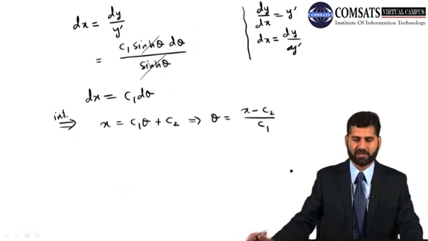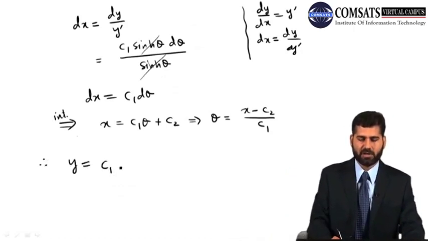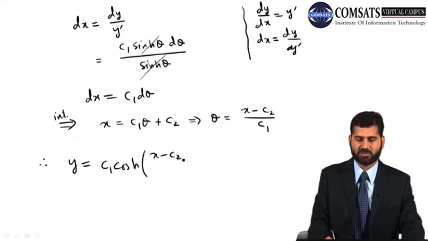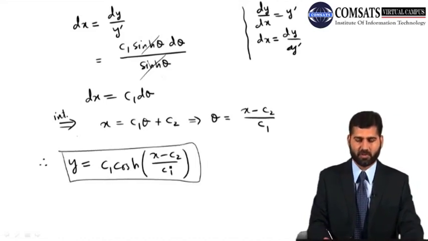Therefore y is equal to c1 cosh of (x minus c2) by c1. So you get just one equation instead of the parametric equations.